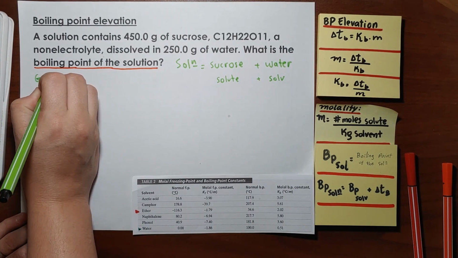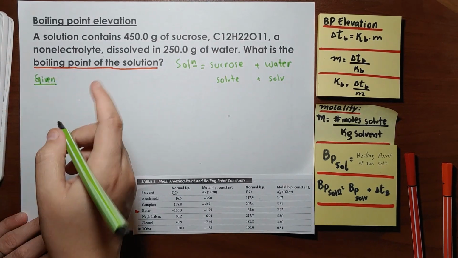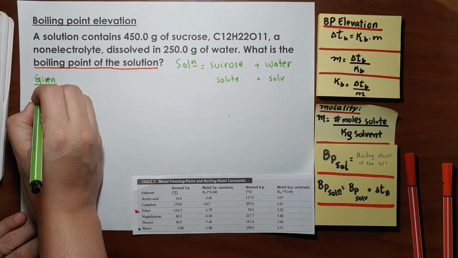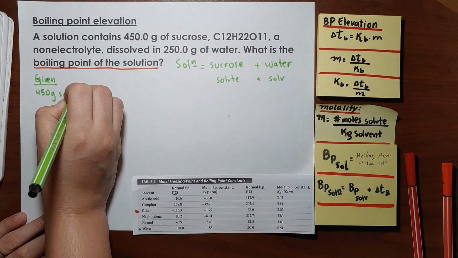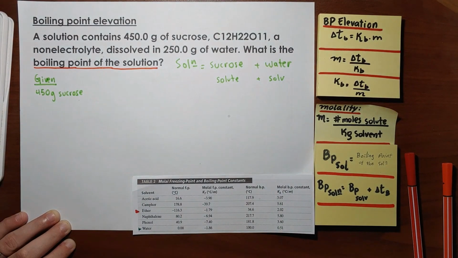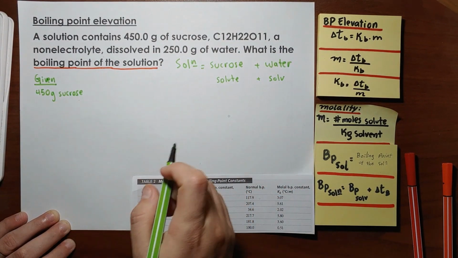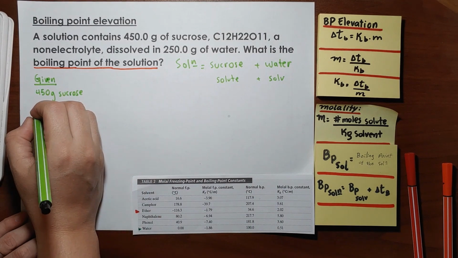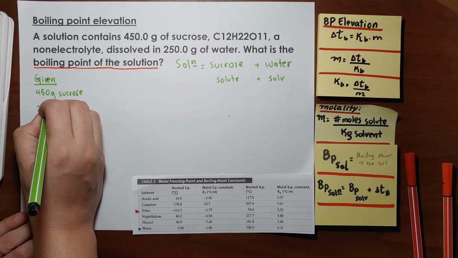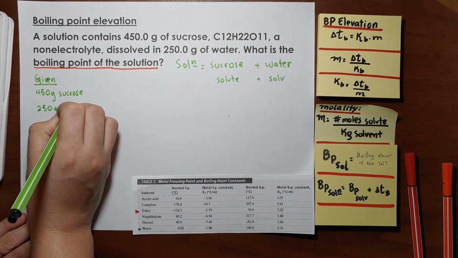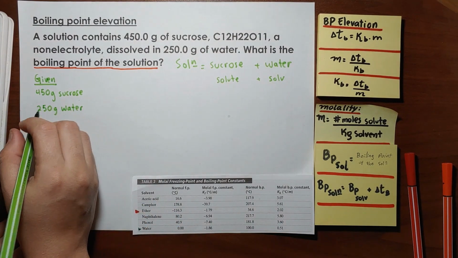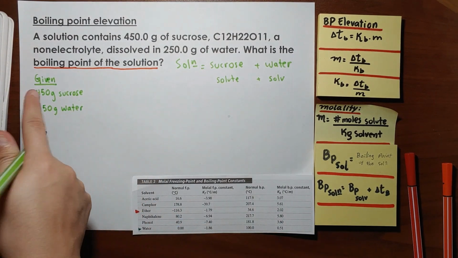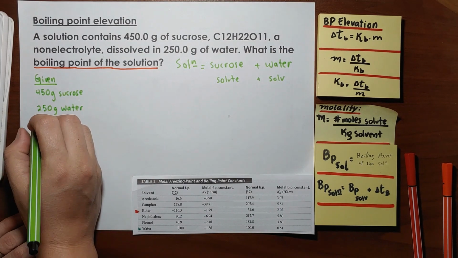Givens. It's time for us to write the givens. They are giving me 450 grams of sucrose, which is the mass of my solute. They are giving me 250 grams of water, which is my solvent, and they're asking me the boiling point of the solution.